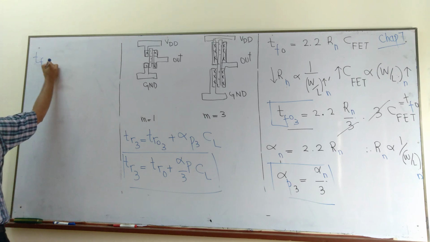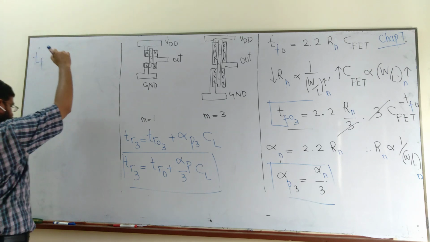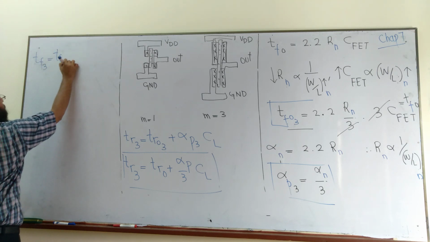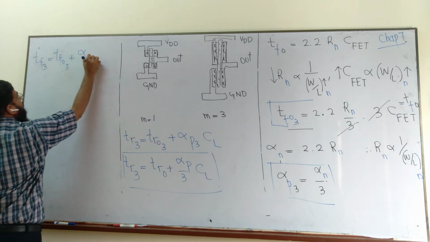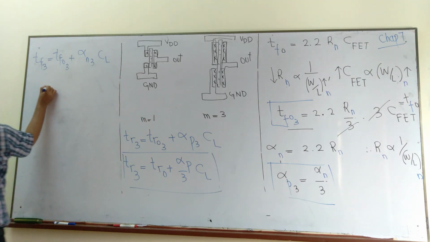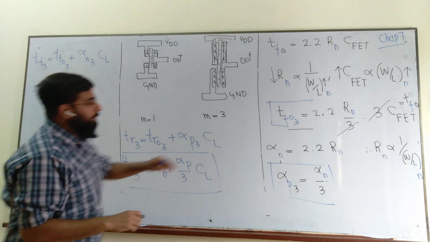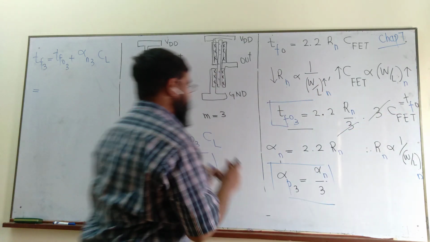TF3 is TF03 plus alpha n3 times CL. What is TF03? It is the same as TF0.